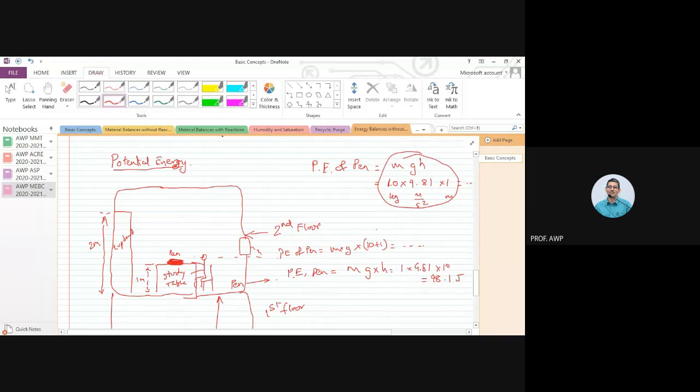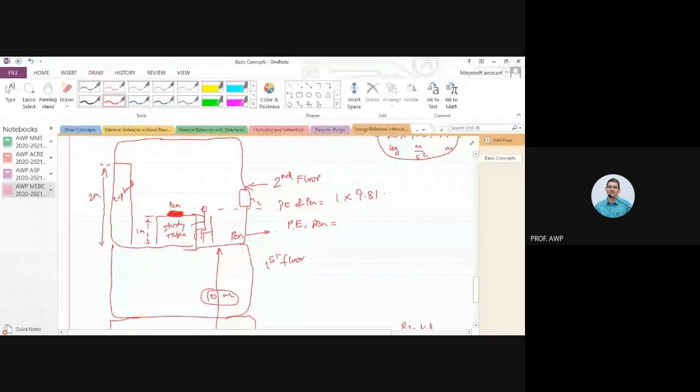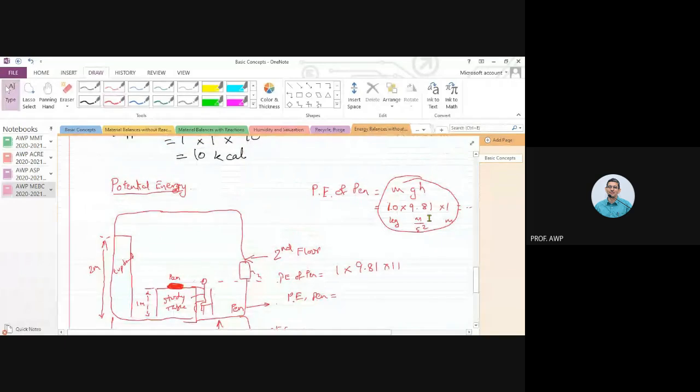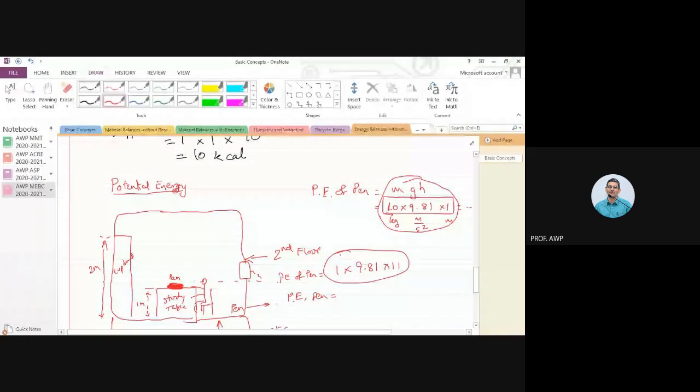Now you're telling me it is 1 into 9.81 into 11. The pen is at the same place on the table. Initially, Arya told me it is 1 into 9.81 into 1. Everybody agreed. Now you are telling me it is 1 into 9.81 into 11. Obviously, they are not the same.